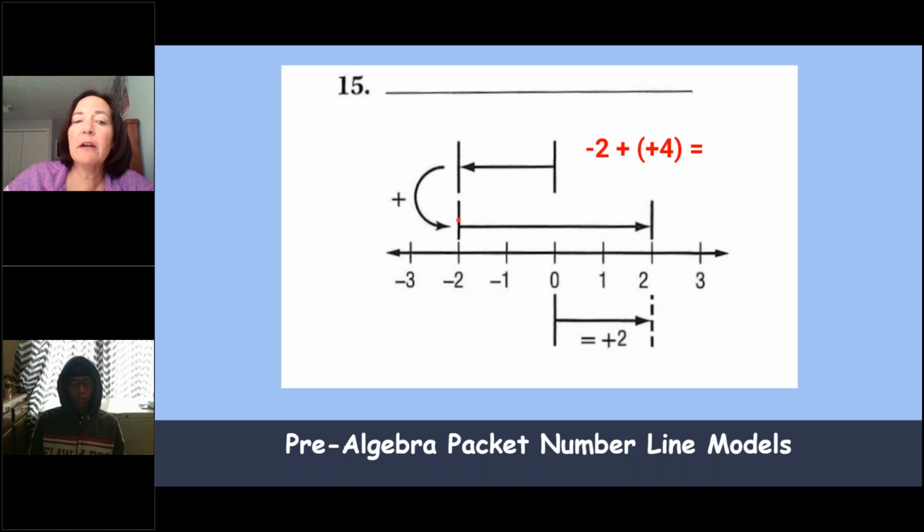And then from there, they traveled in the positive direction. So it would be plus, and they went 4 jumps. So it would be plus a +4. And we ended up right here, and our answer was a +2. So what I've written in red right here, that's actually the answer that would have gone in the blank for question number 15.